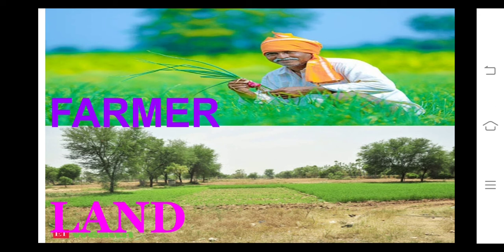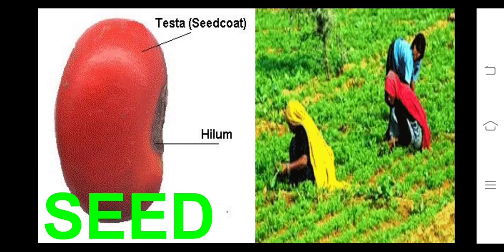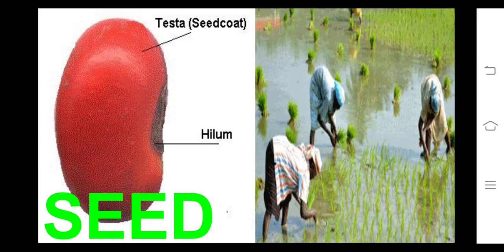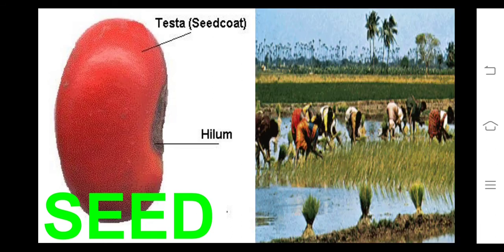To assist him, there are many things. Very important is that he needs land, and he also needs seed, water and fertilizers.